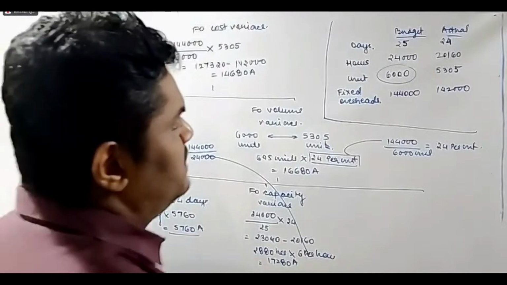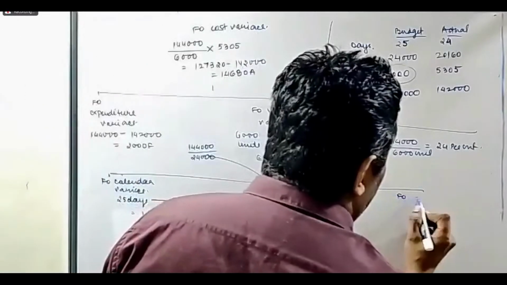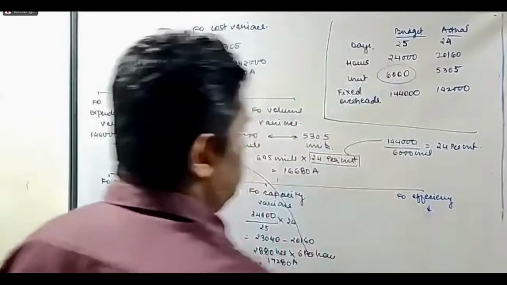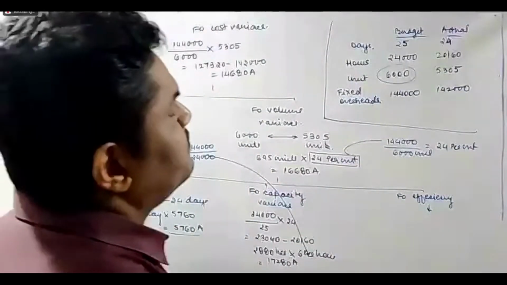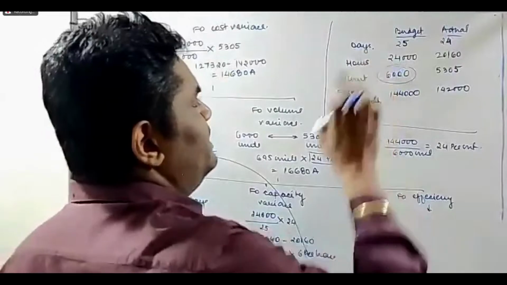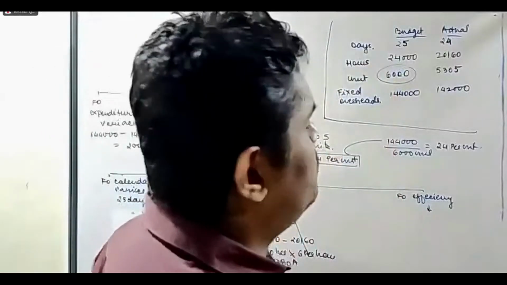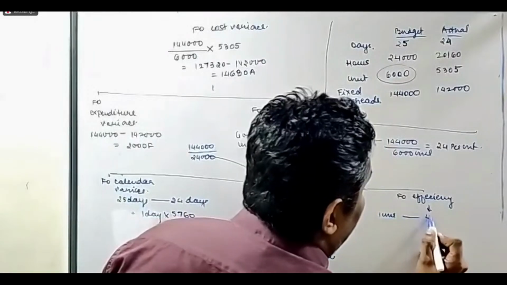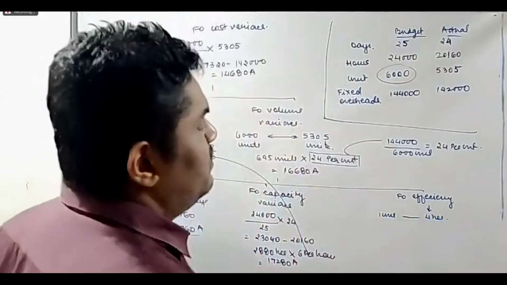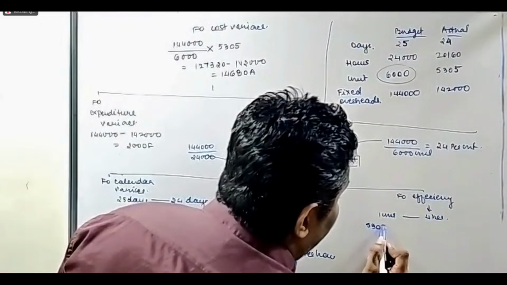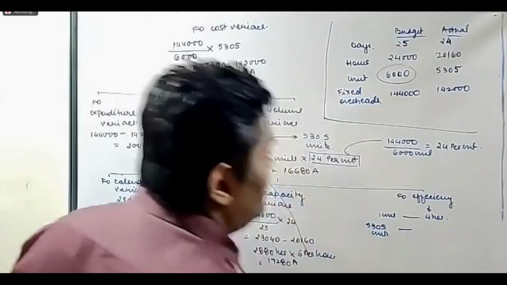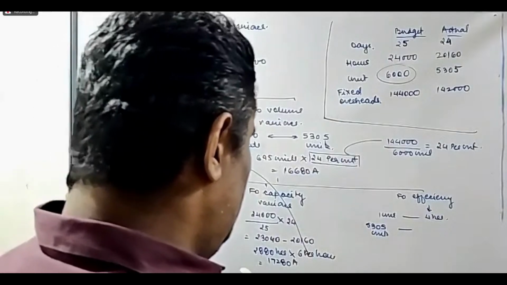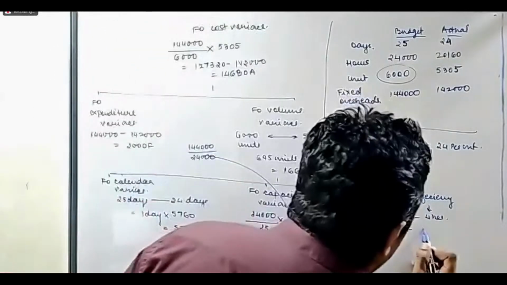Now let's talk about efficiency. 6,000 units are manufactured in 24,000 hours, so 1 unit takes 4 hours. So my 5,305 units should be manufactured in 21,220 hours.